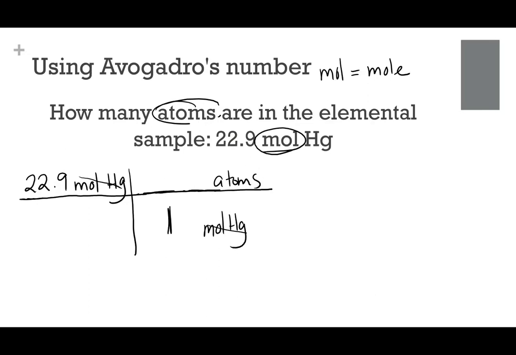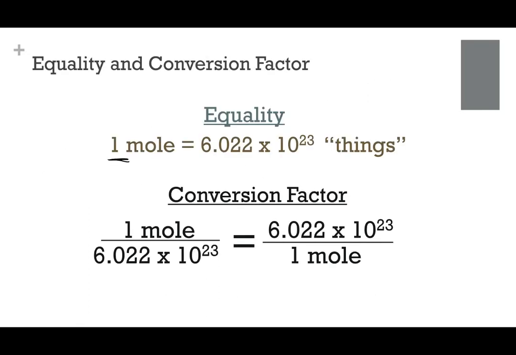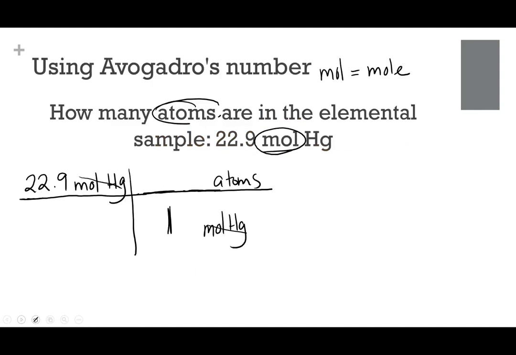That's where my number 1 goes. So things, in this case, our things is atoms. So what number is attached to atoms? Avogadro's number is attached to atoms. So up here, I'm going to write 6.022 times 10 to the 23rd atoms.